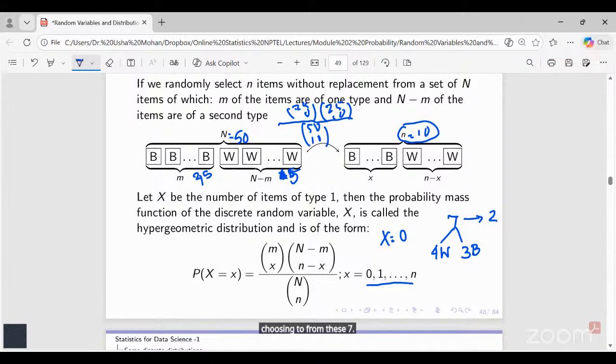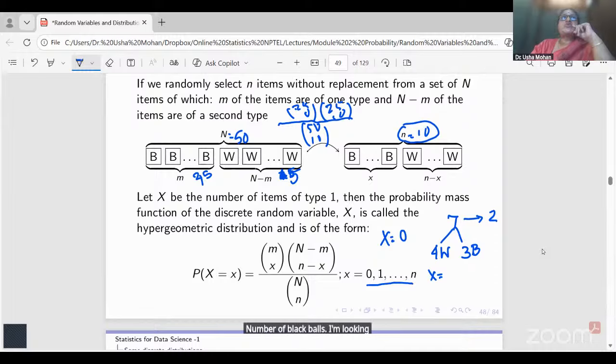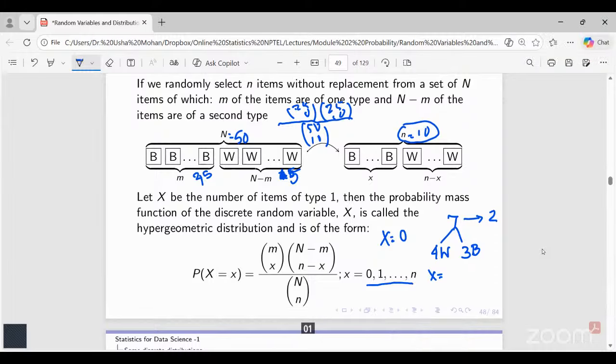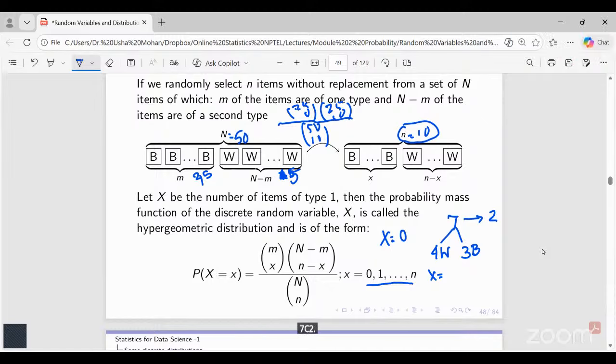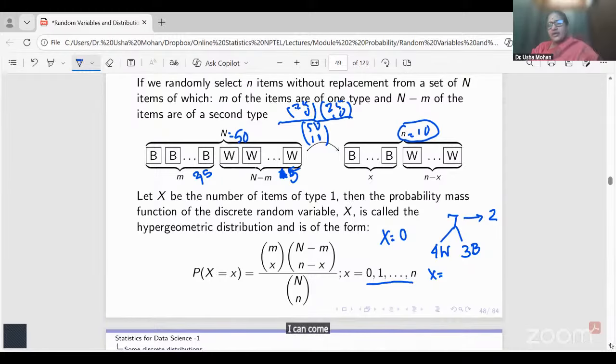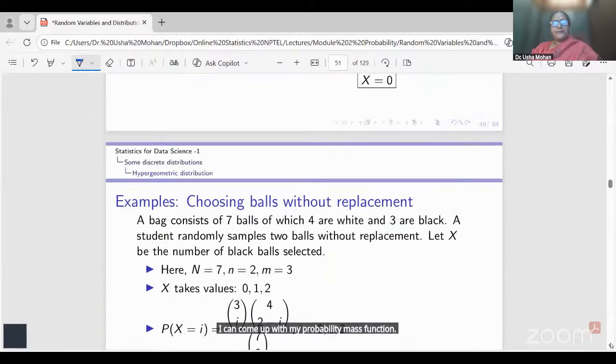What are the values x would take? 0, 1, 2, the number of black balls. And what would be the denominator here? 7C2. So I can come up with my probability mass function. Is it clear? Yes, ma'am.